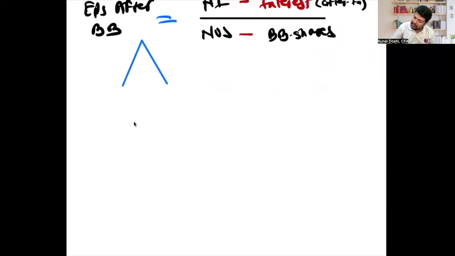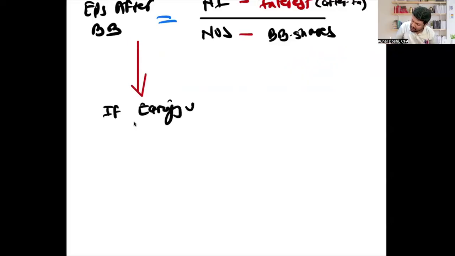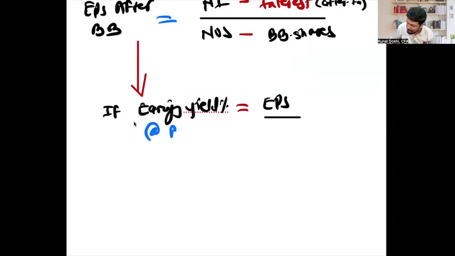Now, what is earnings yield? Guys, earnings yield is earnings per share before buyback, at the buyback price, divided by the buyback price.